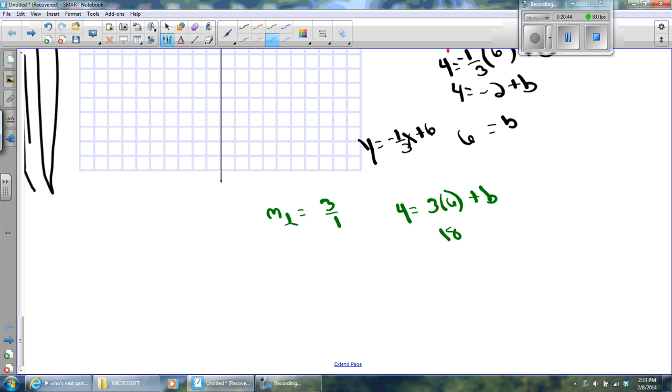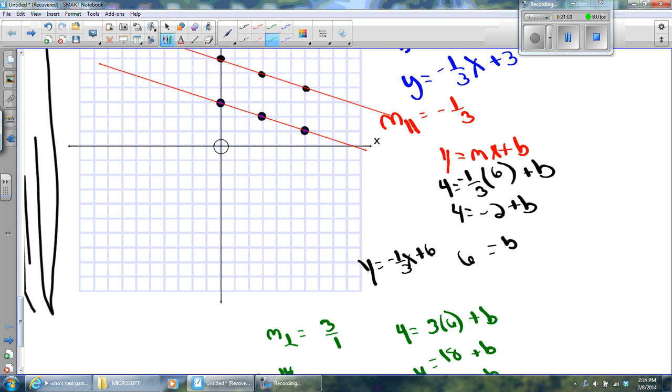It's going to be 18 plus b. b is going to equal negative 14, right? So my new equation is y equals 3x minus 14. So the y-intercept is going to be negative 14.